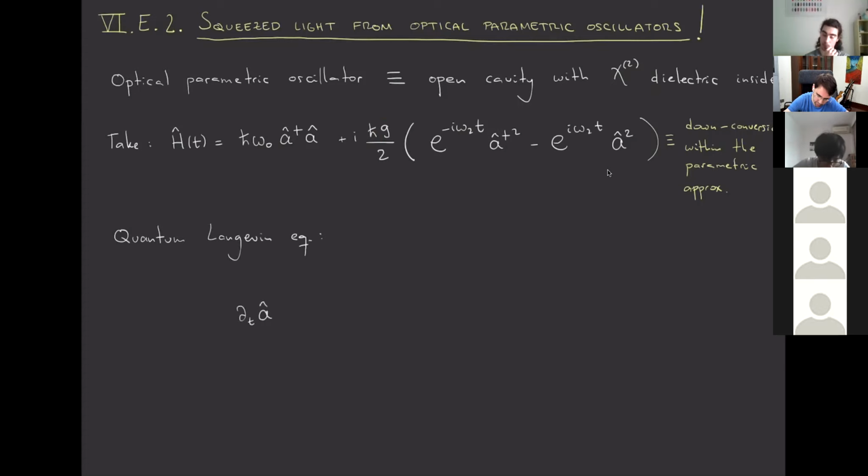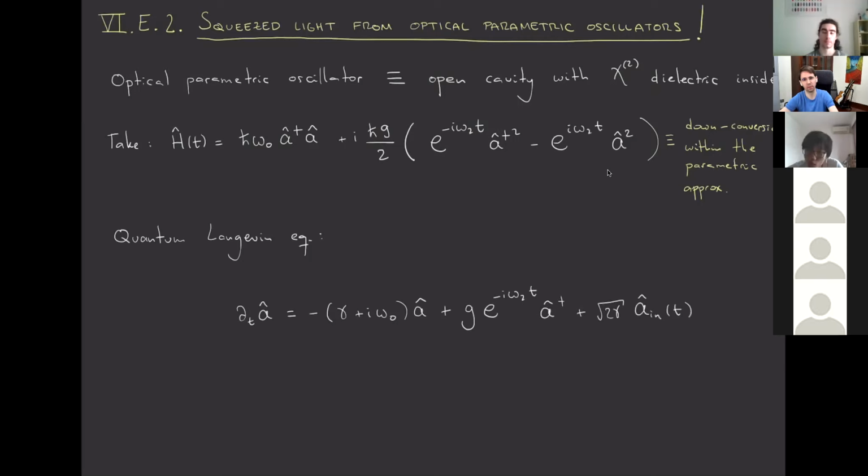Just the time derivative of the annihilation operator in the cavity is equal to some damping, some free motion. Now the intracavity Hamiltonian of down conversion gives a Heisenberg type of contribution that looks like this. Dagger. And then finally, the input operator.